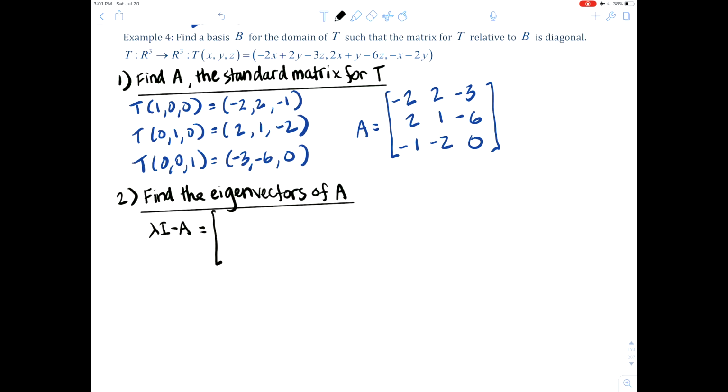So that would be lambda plus 2, negative 2, and positive 3, negative 2, lambda minus 1, and positive 6, positive 1, positive 2, and lambda. Groovy? Our x vector, right, is just going to be, we're in 3 by 3 land, so we'd have x1, x2, and x3.